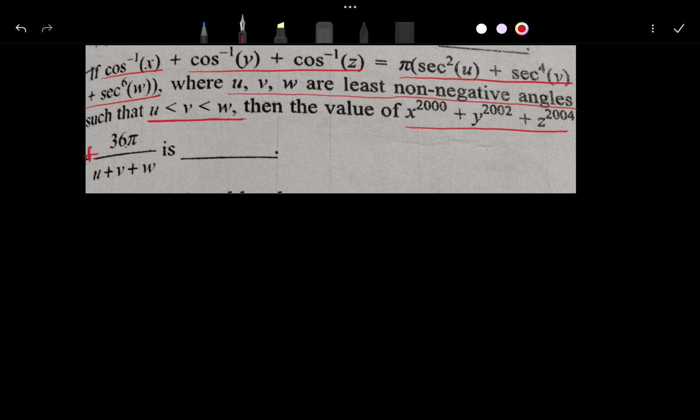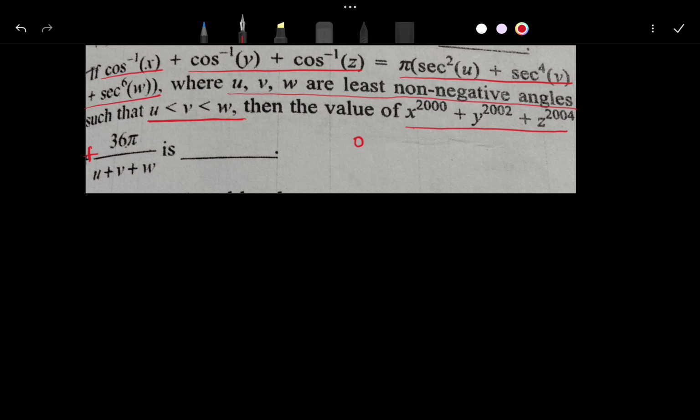It is a very simple concept, but you have to concentrate a little while doing this problem. What is the range of cos inverse of x? Two points in this one are very important.